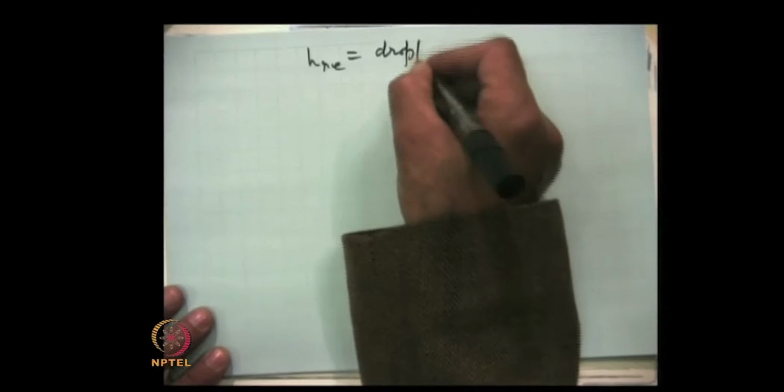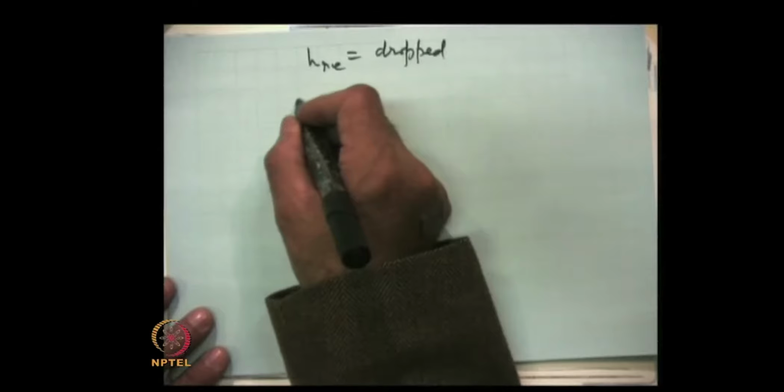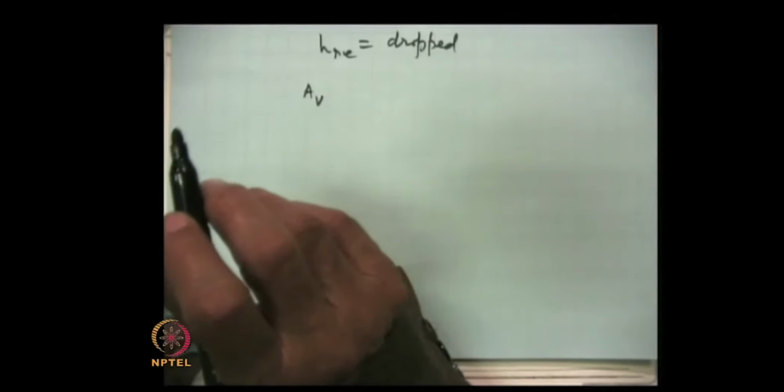So, under this condition, when we drop HRE, then we get the approximate relation, and again I repeat, approximate means within a few percent, which is acceptable in most of the applications in electronics.